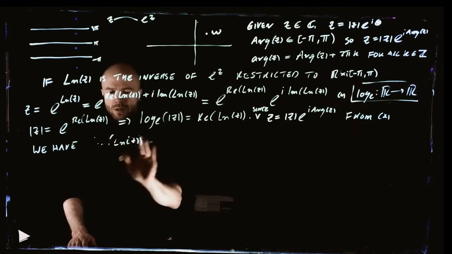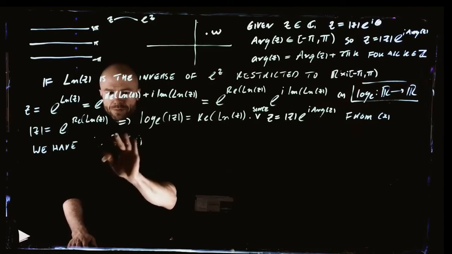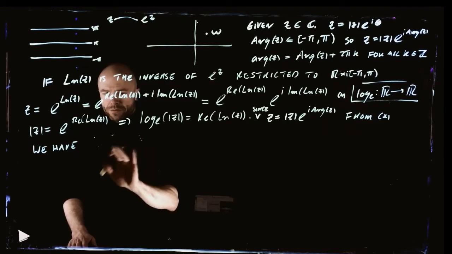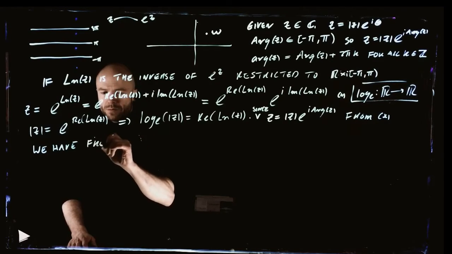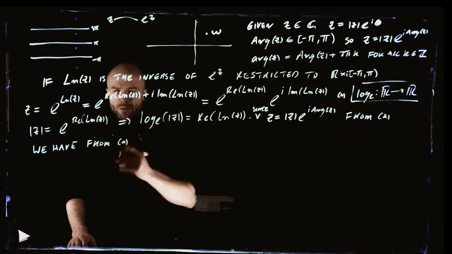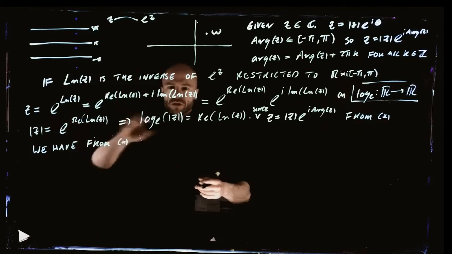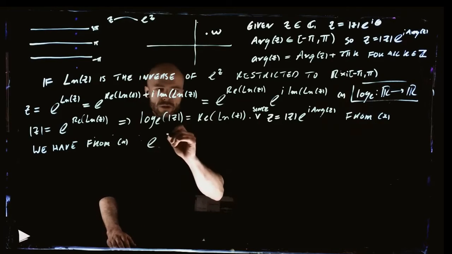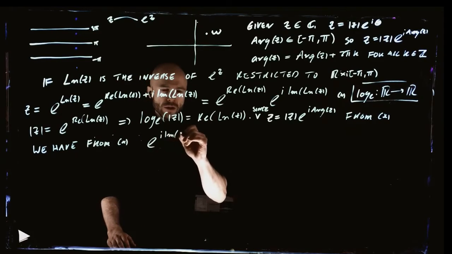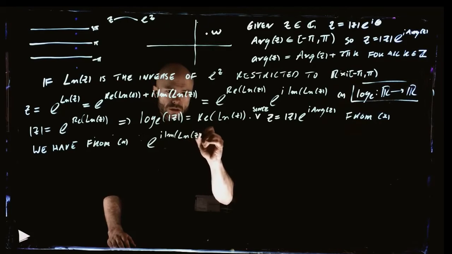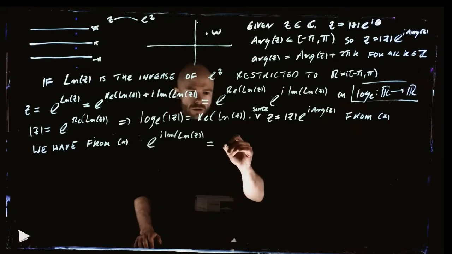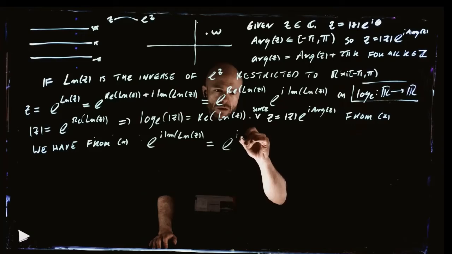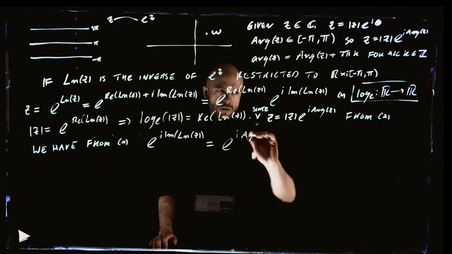So we have from star and the fact we've just found out that mod z has to be this thing, we have that e to the i times the imaginary part of this thing has to be equal to e to the i arg z.